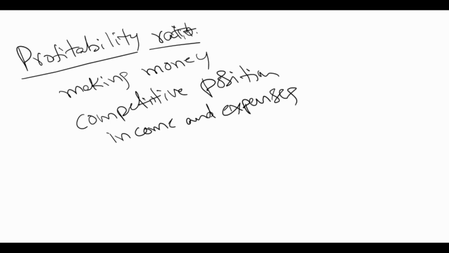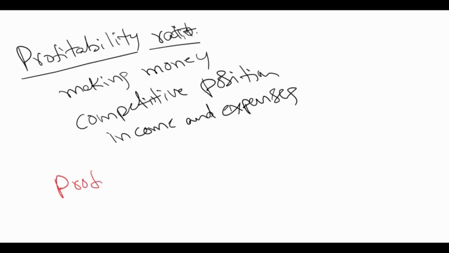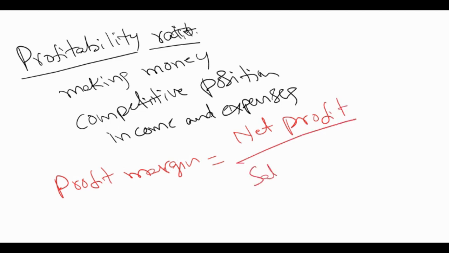Let's look at the formula. What is the formula for profit margin? Net profit margin is equal to net profit divided by sales revenue.